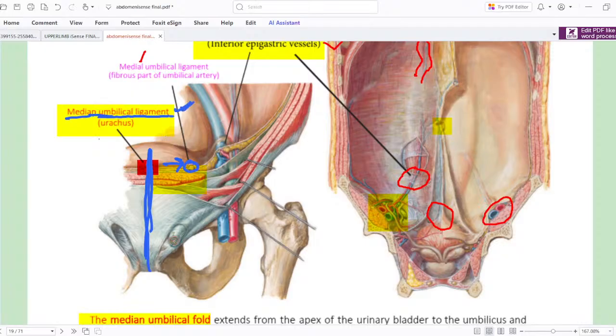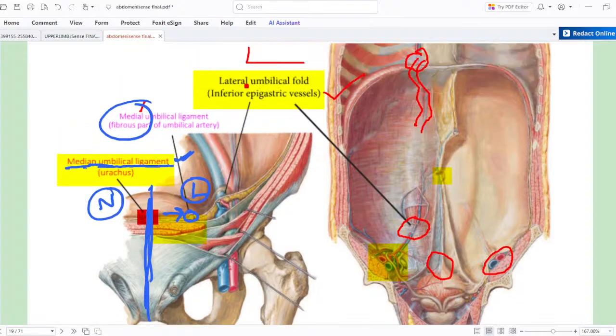Lateral to this midline, we have medial. I remember it is lateral to median, so it is L, medial. And the one in the middle, that is N, median. Median, then lateral.